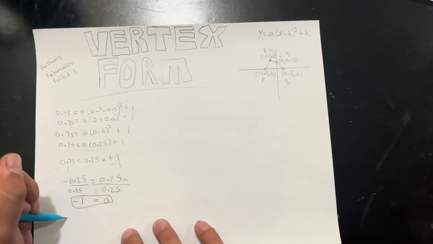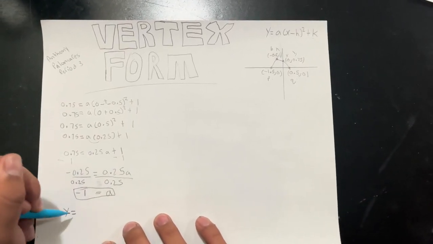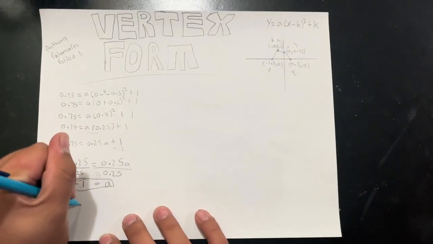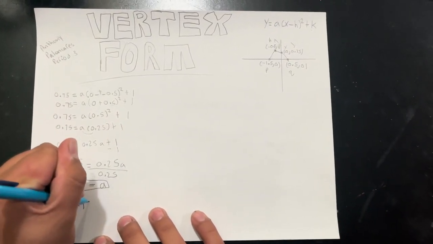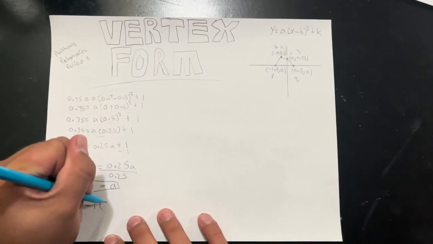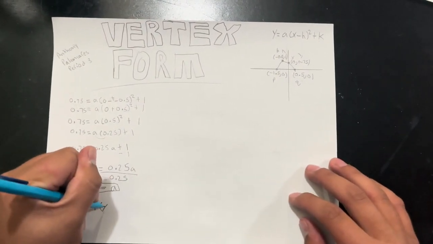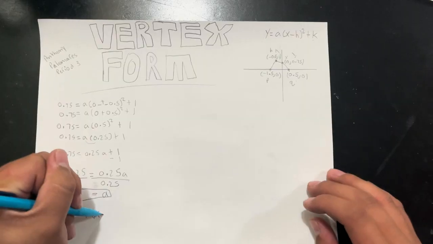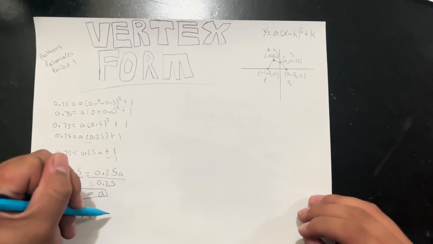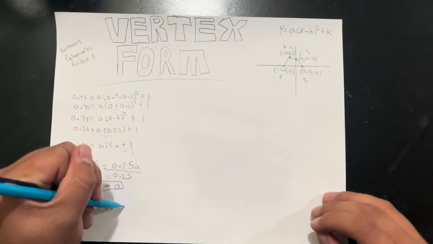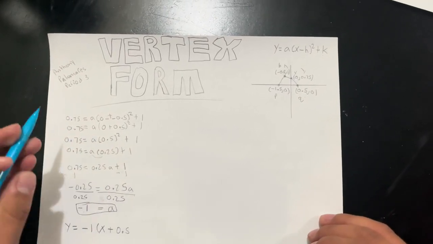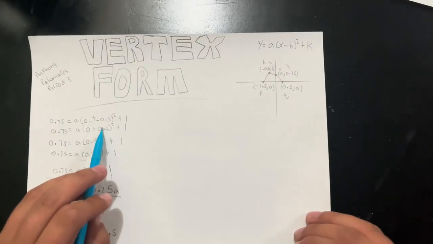All right, let's put all the pieces together. So Y equals A, which we just found out is negative 1, times X, which we could just put as X, minus H, which is 0 plus 0.5, as we've just found out over here.